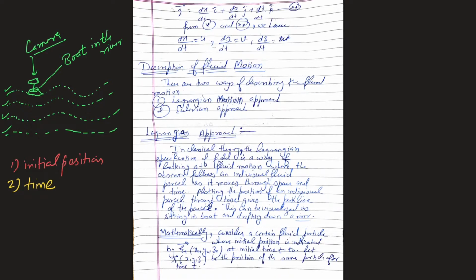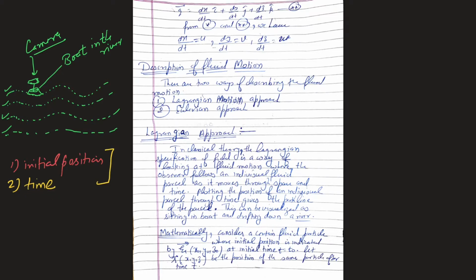Okay, so these are the two components upon which the Lagrangian approach has dependency: initial position and time.